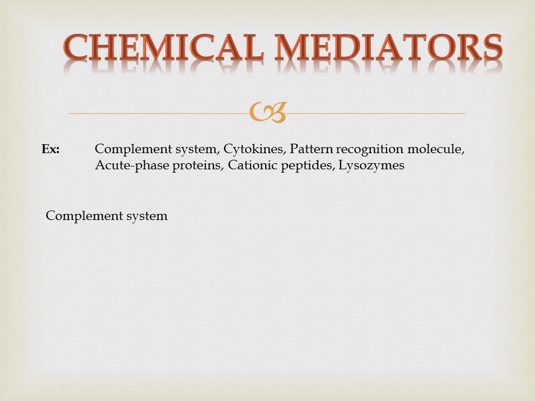It is a system where our body has some proteins, and those proteins will trigger the activity of other proteins in a pathway form, and ultimately that will result in degradation of the pathogenic cell by forming a membrane attack complex known as MAC. It will degrade the cell membrane of the pathogen, ultimately degrading the entire pathogenic cell.